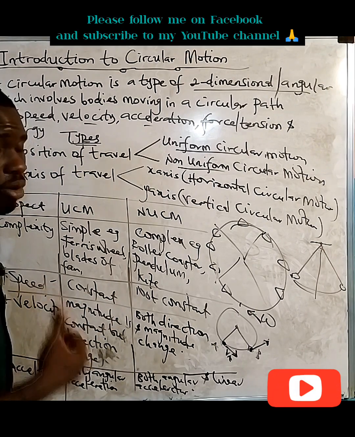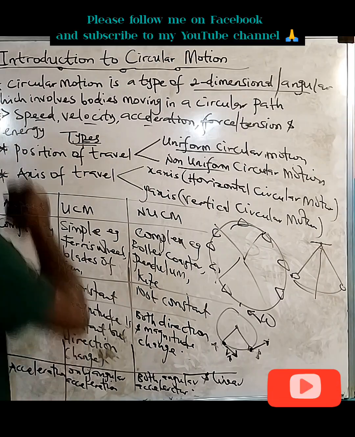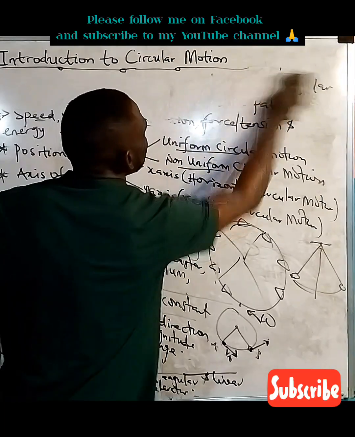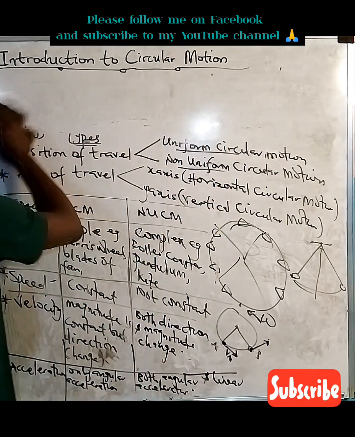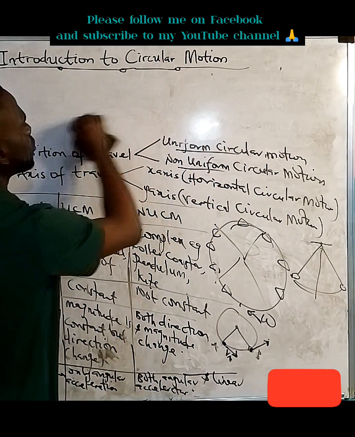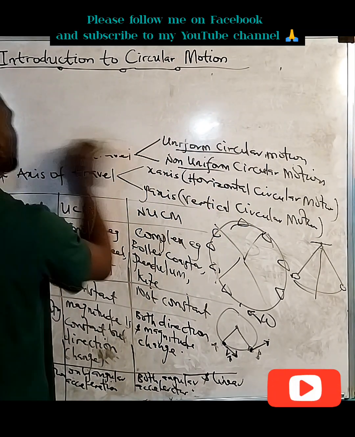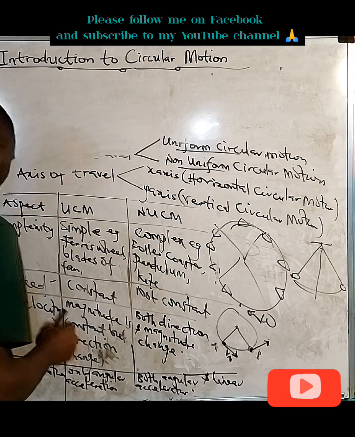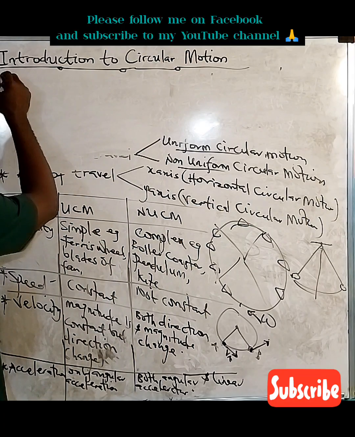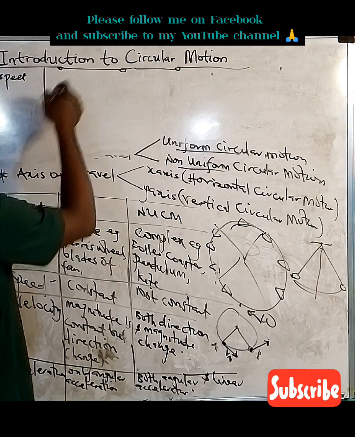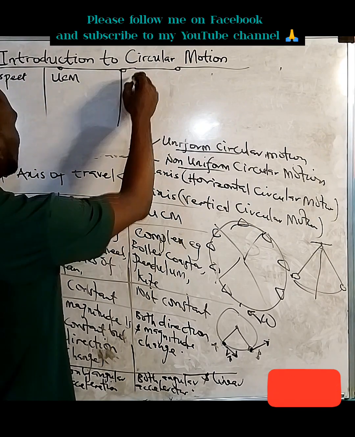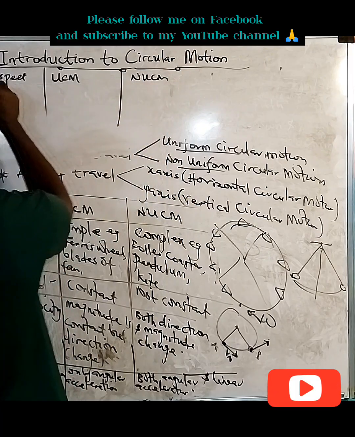So let us look at one more difference in aspect between uniform circular motion and non-uniform circular motion. So this is what we have. For the uniform circular motion, we have UCM and NUCM, non-uniform.